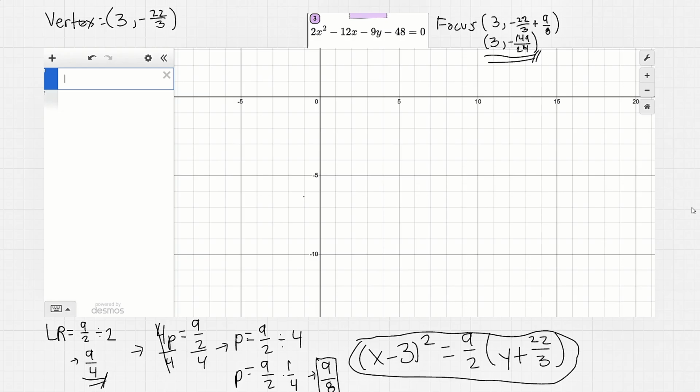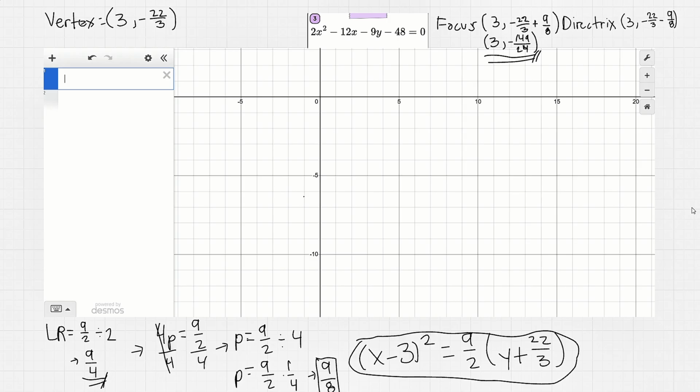So if we have the focus, we can get our directrix next. For the directrix, if in our focus we add, in our directrix we subtract. So 3, comma, negative 22 over 3 minus 9 over 8.